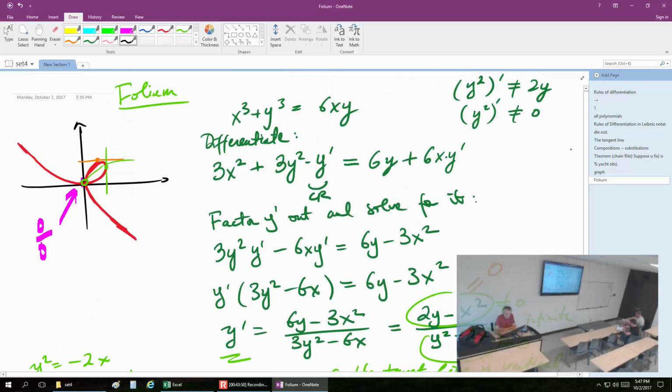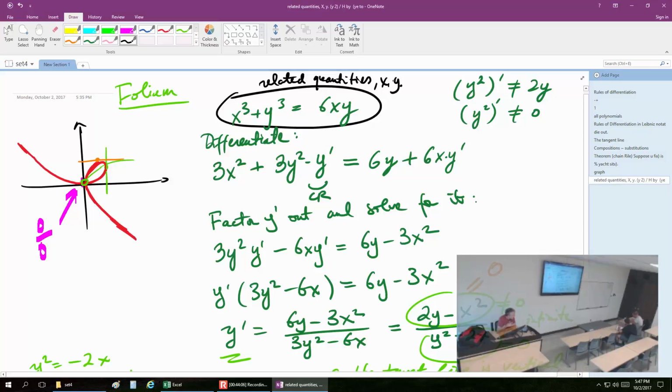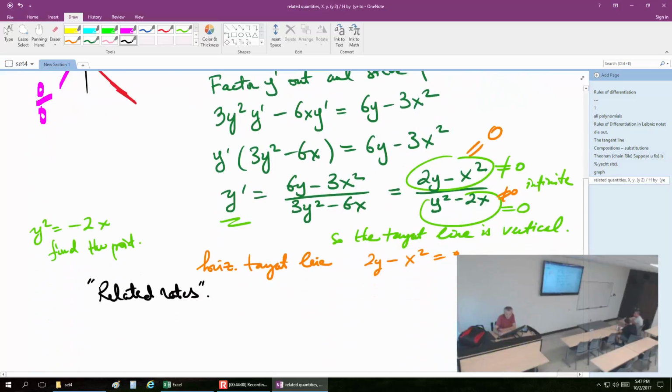If you look at this, these are related quantities. x and y are related to each other by an equation, and then they have their derivatives. They have their rates, and those rates are also related. Whatever we did here, we found the rates of x and y as they depend on each other.